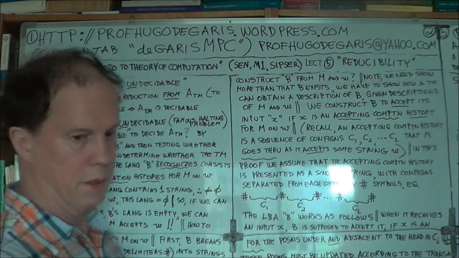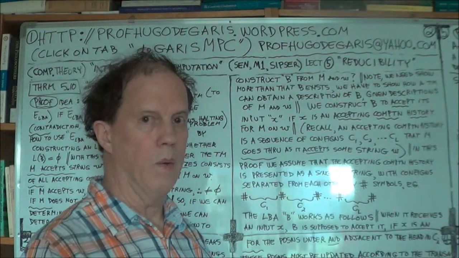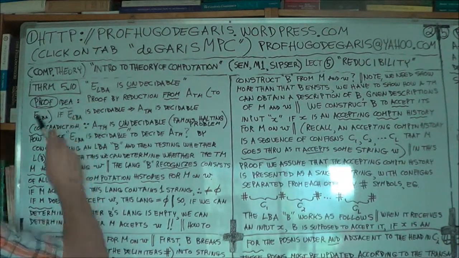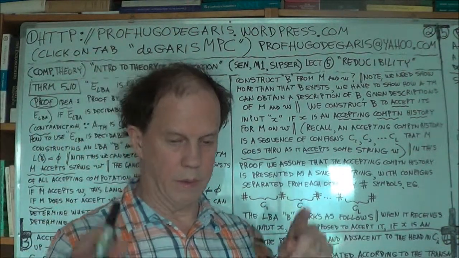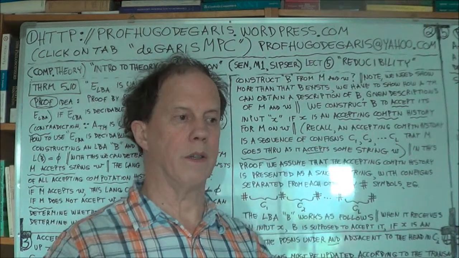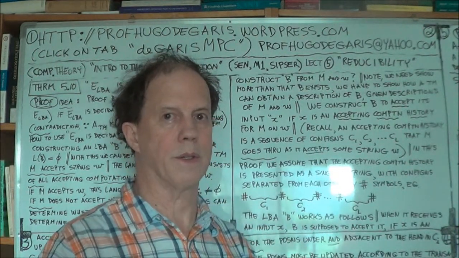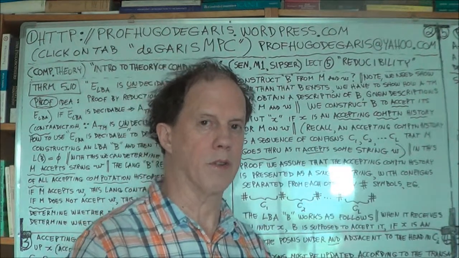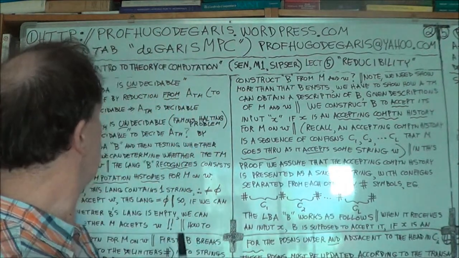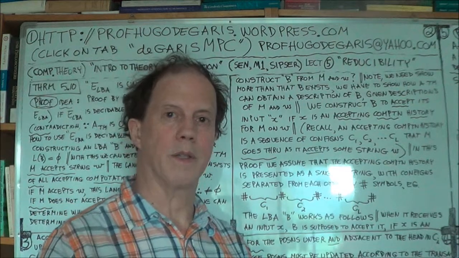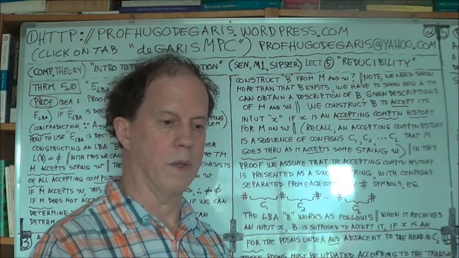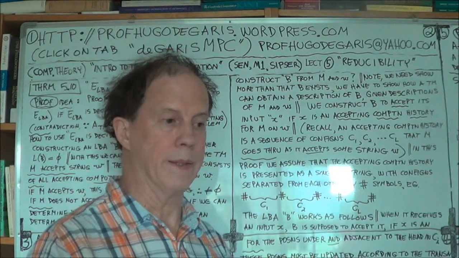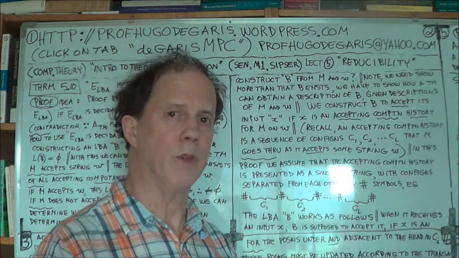Right? So what are the strings in this language here? They'll be of the form angle brackets, so an encoding of B, and B is just an LBA, a restricted Turing machine, that makes a decision on whether the language of B, whatever B is, is empty or not.